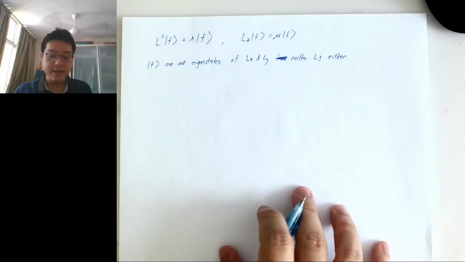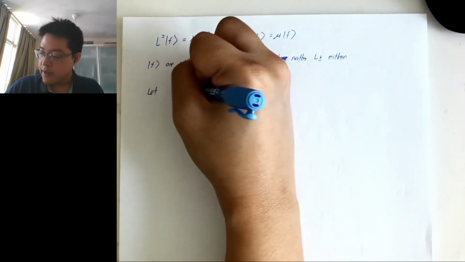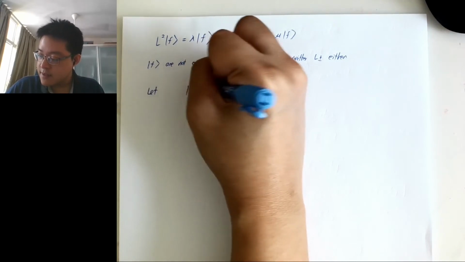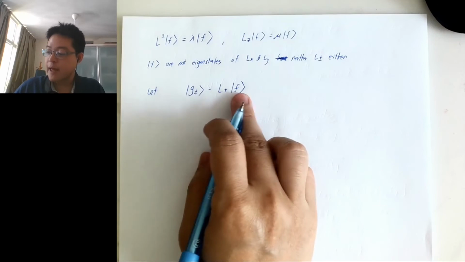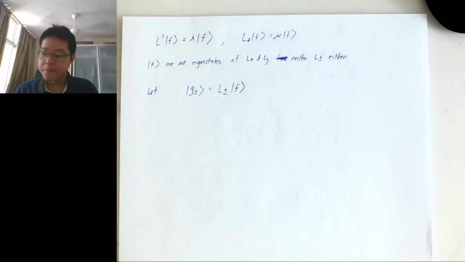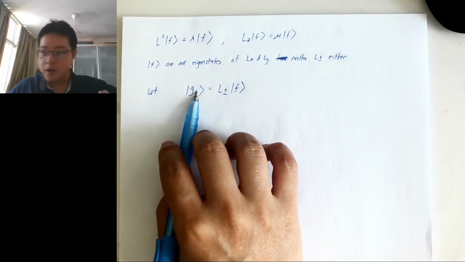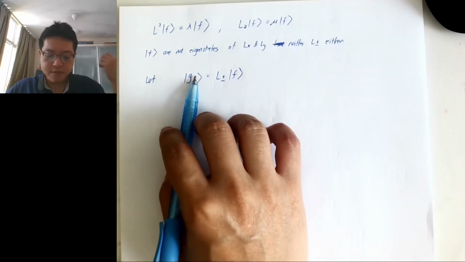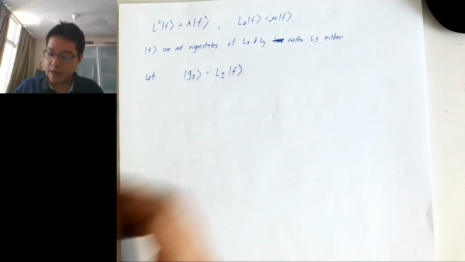So these are not eigenstates, but let us consider this. If I let L plus or L minus operate on f, since f is not an eigenstate, the result is not parallel to f anymore. So it's going to be a new state.